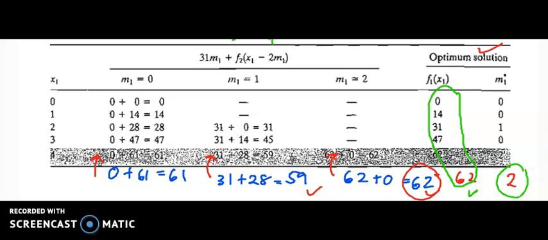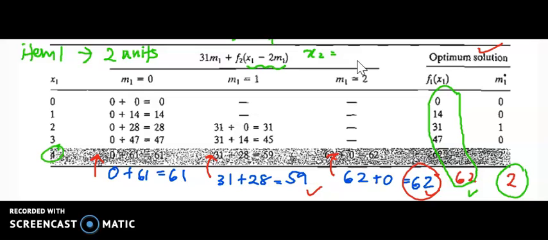That means for item number 1, we take 2 units. Before we proceed to the previous stage, we can calculate the value of x2 here. x2 equals x1 minus 2 m1.